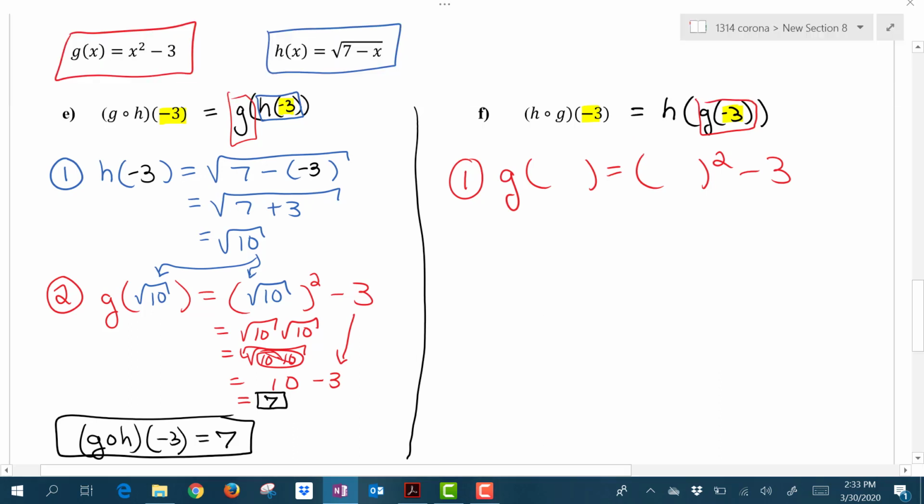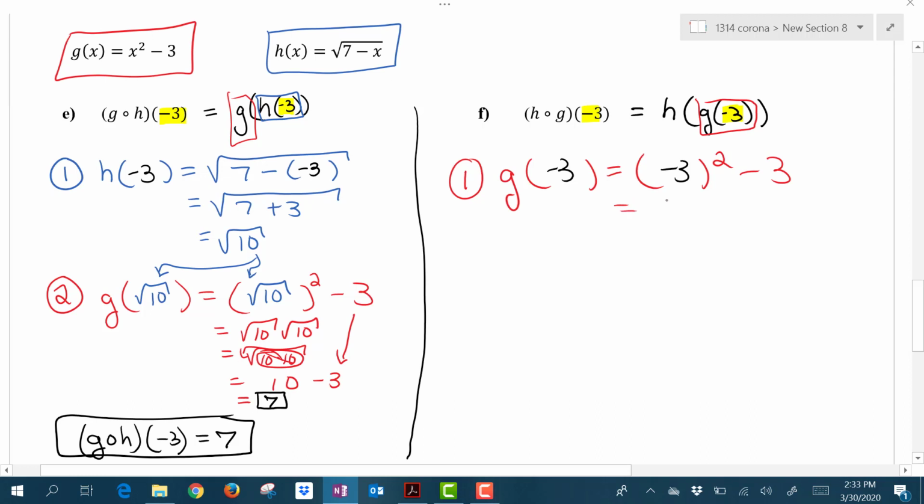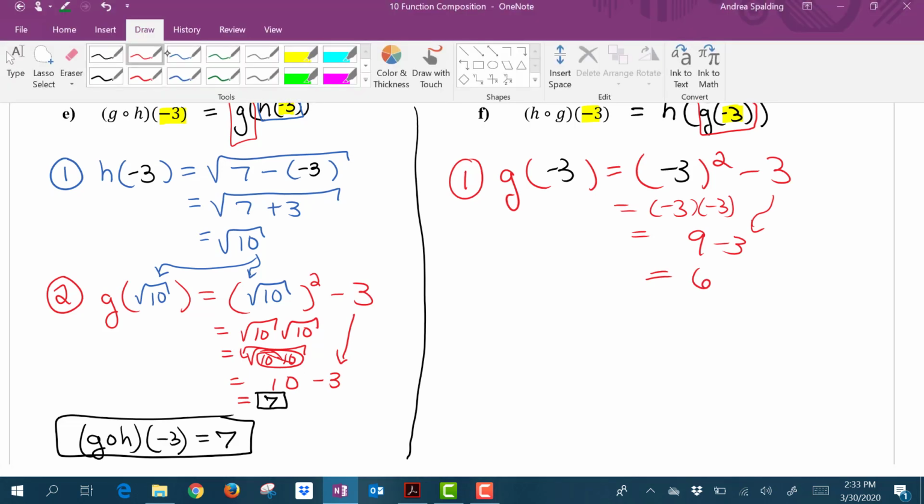Okay, be careful with your signs. Alright, -3 squared. It's -3 times -3. You can put that right into your calculator pretty easily, but you get a +9. 9 minus 3 gives us a +6. Now remember, that is not my final answer.